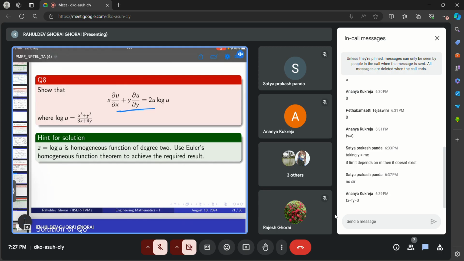If you take f of xy as x cube plus y cube over 3x plus 4y, then f of tx comma ty will be t cube x cube plus t cube y cube over 3tx plus 4ty. Taking t common and cancelling, you get t squared times x cube plus y cube over 3x plus 4y, which is nothing but t squared times f of xy.